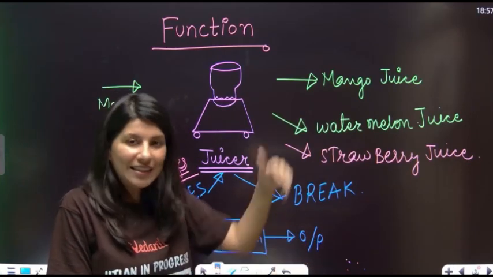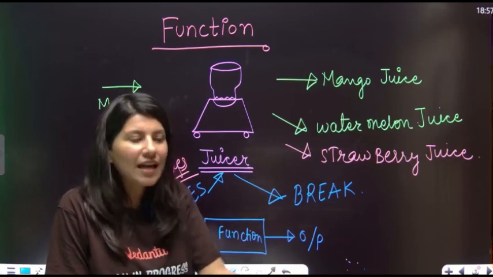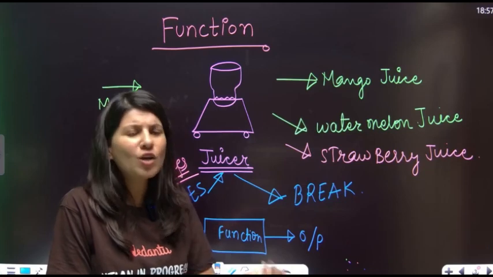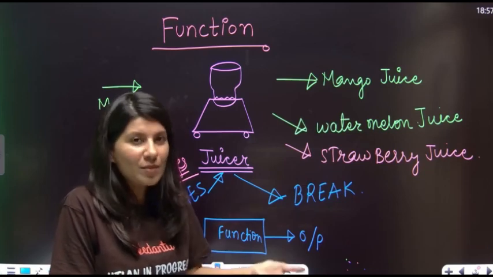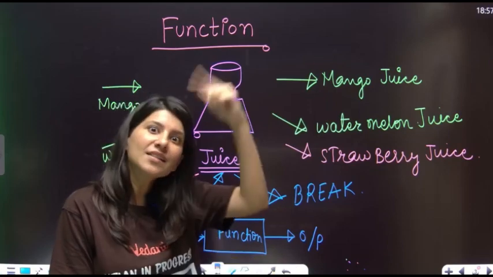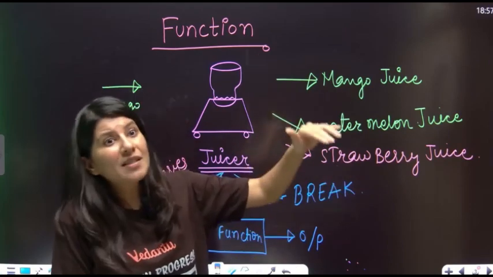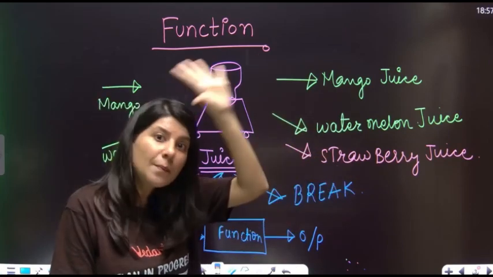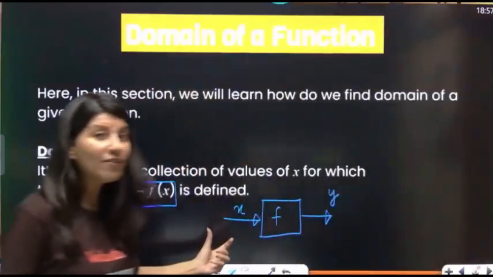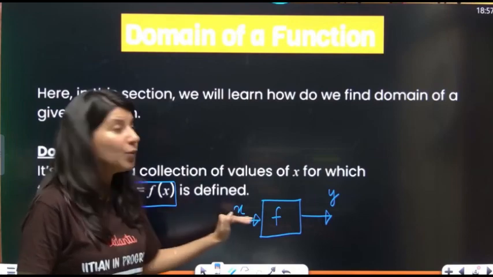In that you don't put strawberries. In a flour mill, do you put strawberries? Do you put mangoes? No, that is a different machine. So the permissible input of that machine is completely different. So for different types of function, we have different types of input.